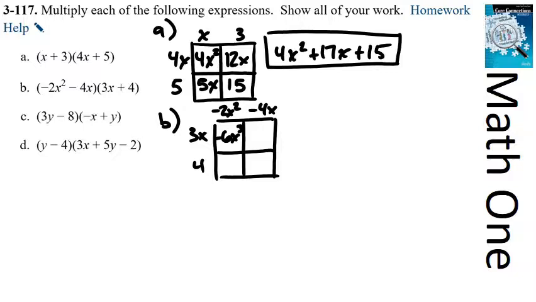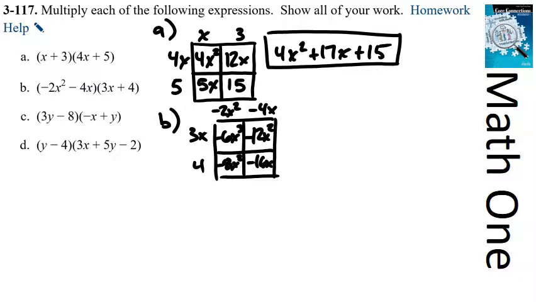And then I'm going to have a negative 12x to the second power. Before I had x to the third, now x to the second power. In the box below on the left, I'm going to have a 4 times negative 2x squared, which would be negative 8x squared. And then my final box is 4 times negative 4x, which would be negative 16x.